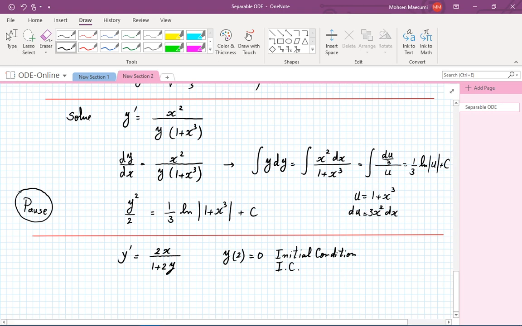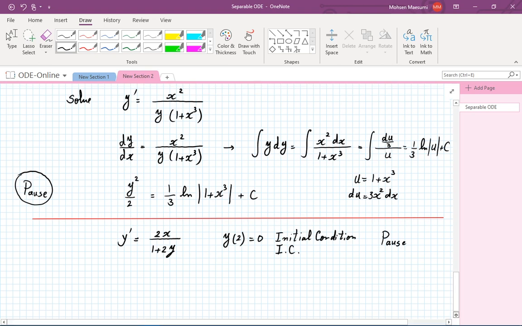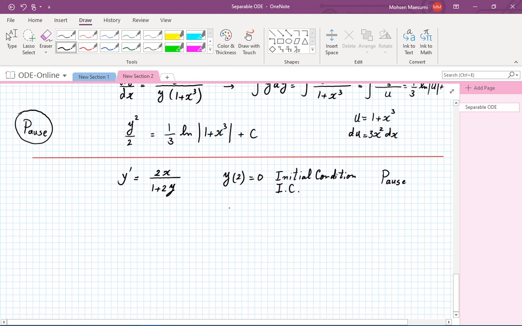So again, I invite you to solve this problem by yourself. So pause. You should be able to solve this problem in at most like 4 minutes or something. And let me ask for 2 steps. One is to give me the implicit solution, and the slightly more challenging part of this, get me the explicit solution.